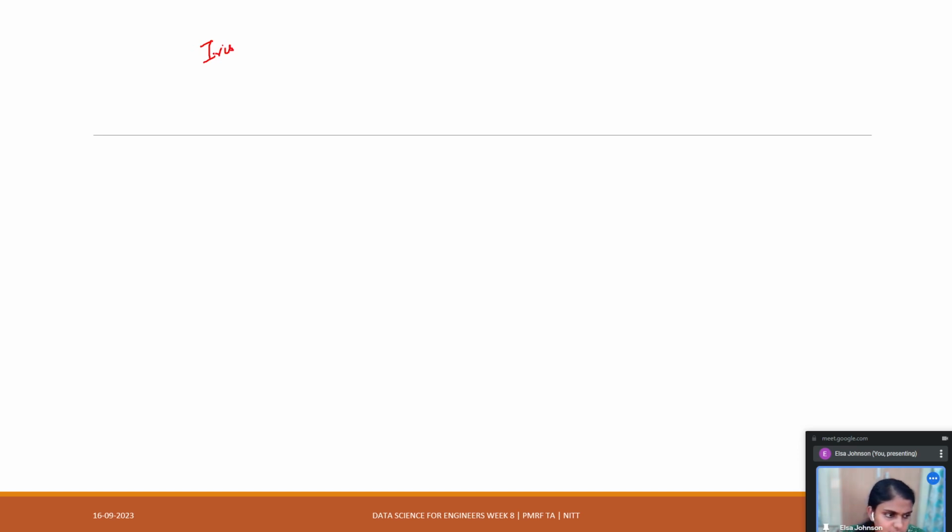I hope this screen is visible. The iris data set has 150 observations in total, and we have just split it into 70% as train and 30% as test.